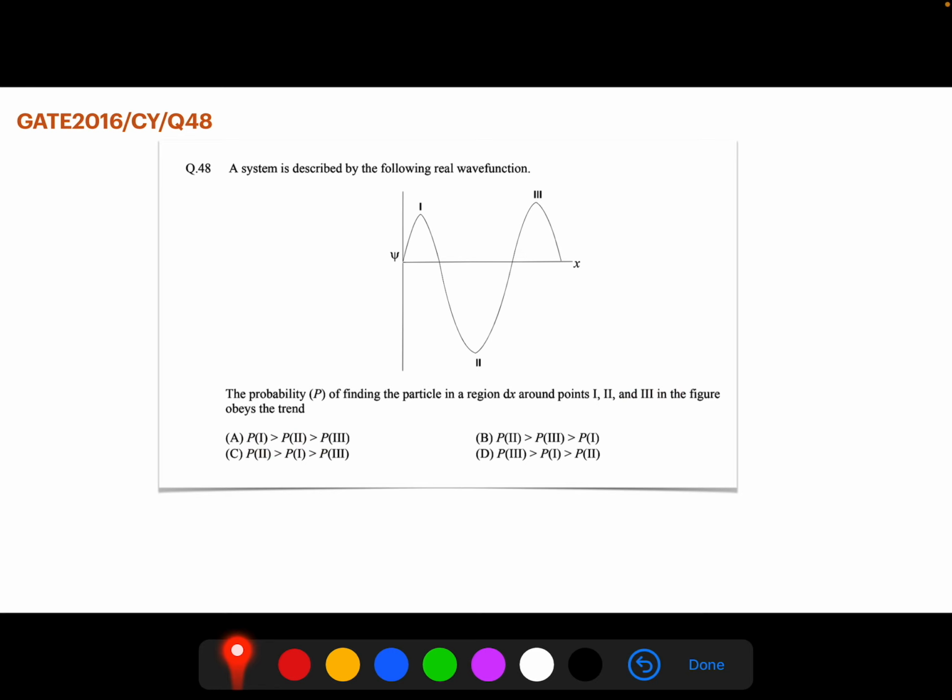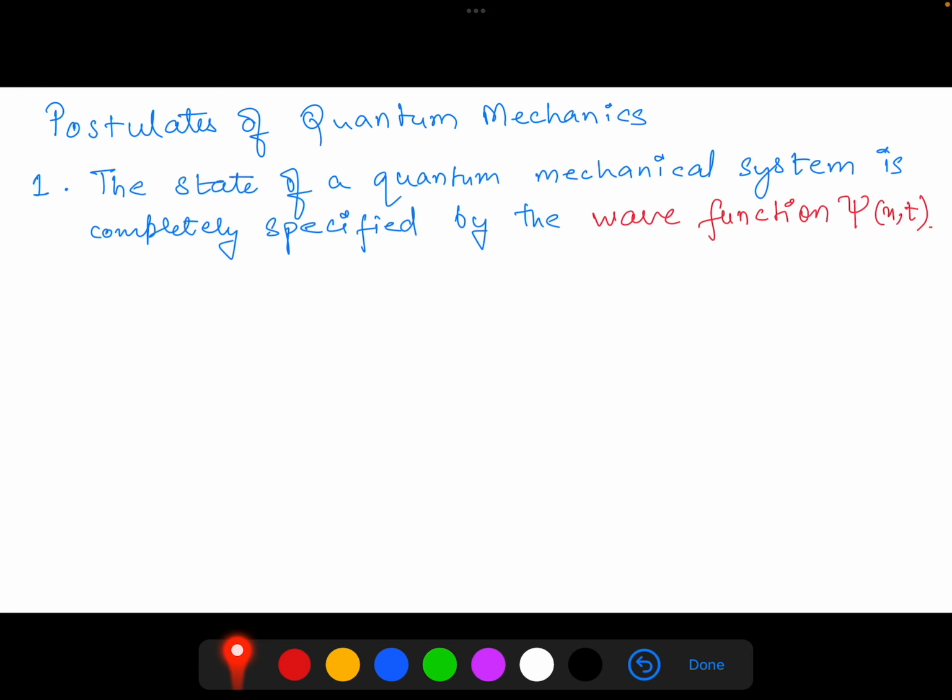So before getting into the solution, let's head into the basics of the question. It comes from the postulates of quantum mechanics. The first postulate of quantum mechanics is that the state of a quantum mechanical system is completely specified by the wave function psi(x, t).